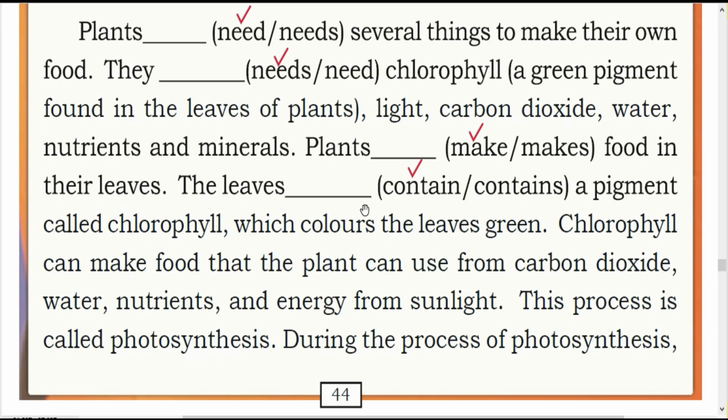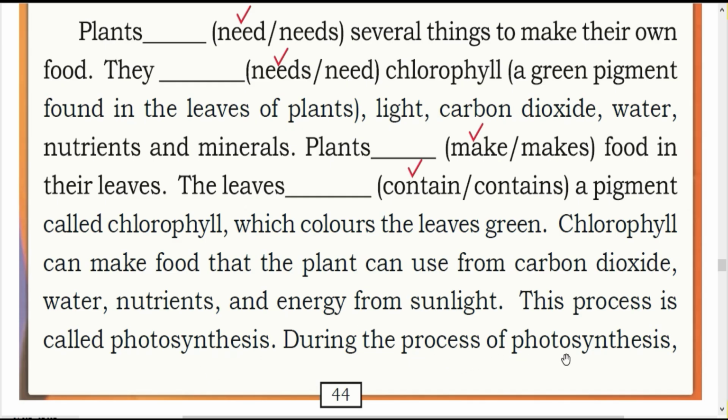The leaves contain a pigment called chlorophyll, which colors the leaves green. Chlorophyll can make food that the plant can use from carbon dioxide, water, nutrients, and energy from sunlight. This process is called photosynthesis.